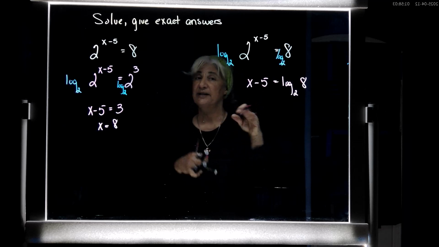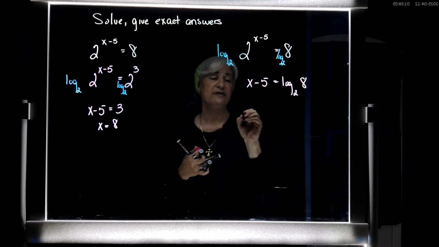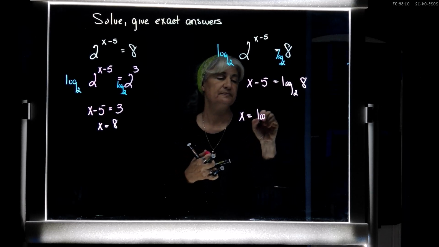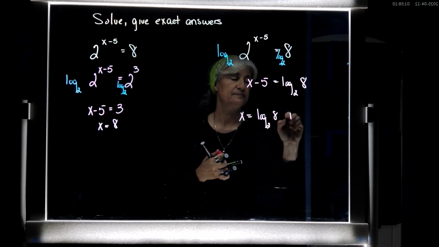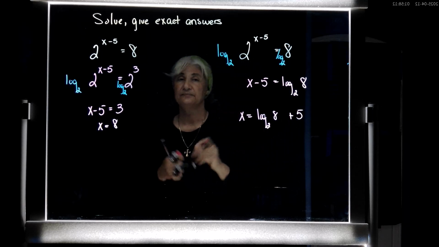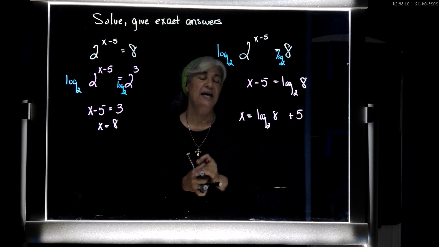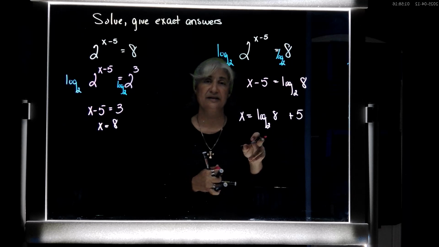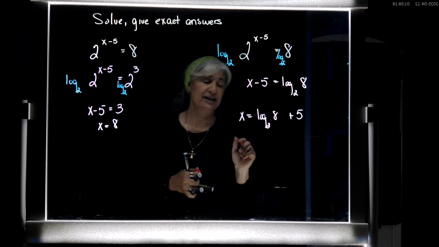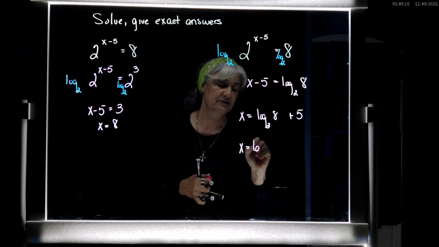Then, to get the x by itself, you add the 5 to both sides. Good? Okay.